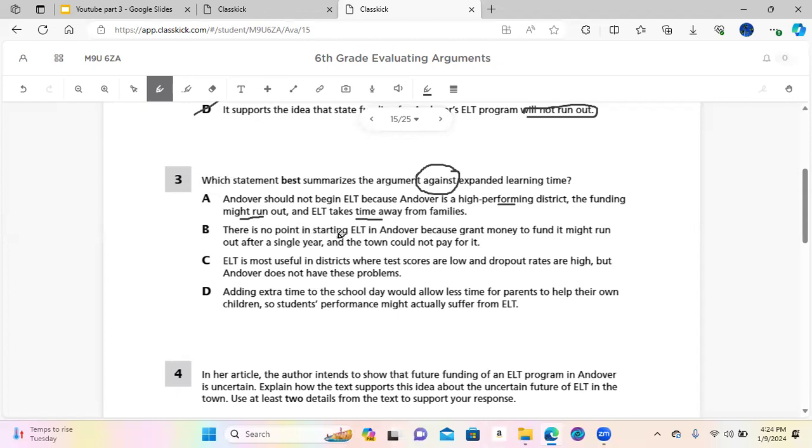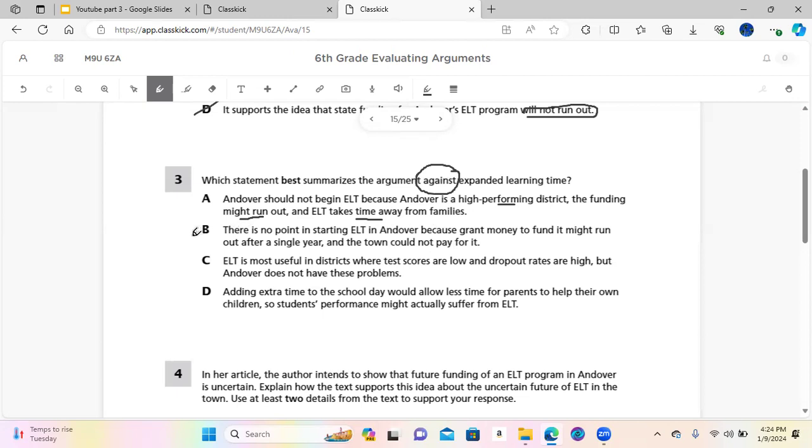There's no point in starting ELT in Andover because grant money to fund it might run out after a single year and the town could not pay for it. So this only covers one aspect of the arguments that goes against, right? They only list one single claim from the argument, and we had 3 claims.